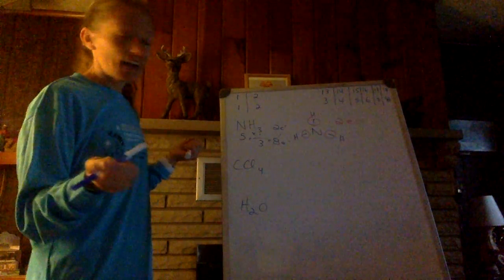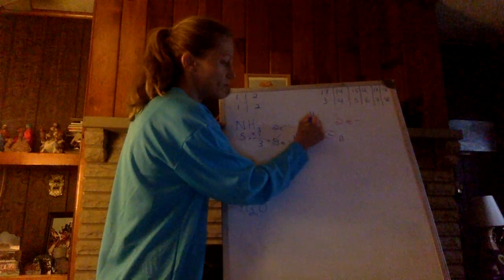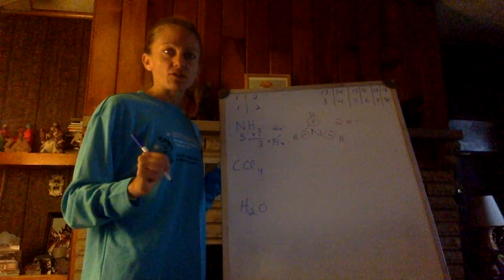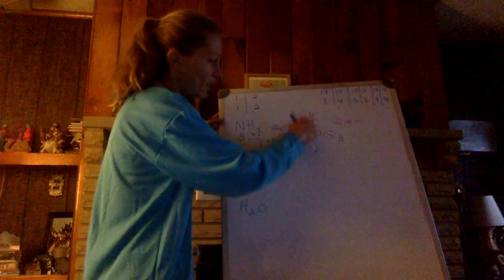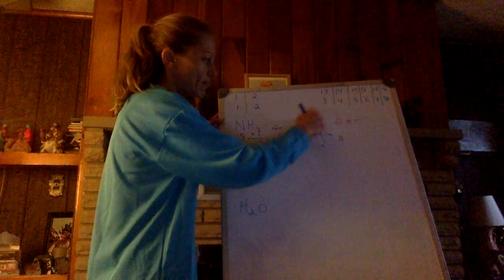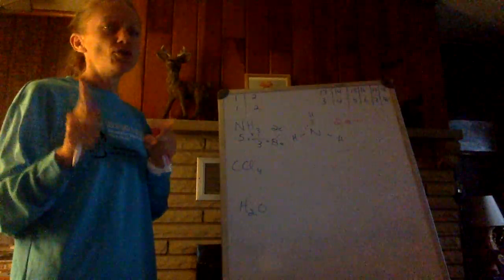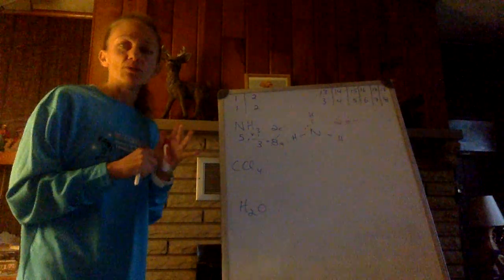So everything has got to have 8. Nitrogen sure doesn't. 2, 4, 6. Where do those 2 electrons go? Those are dots on my nitrogen. So other than these obnoxious pink circles, there is your Lewis structure for ammonia, NH3, not drawn in the correct shape, but a Lewis structure.